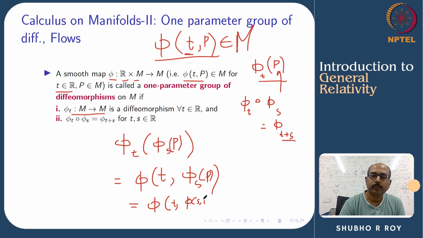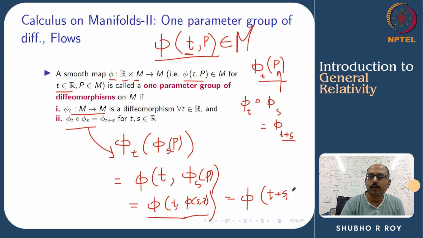Okay, so in terms of the function, this is what this composition actually means. Now you have to show that, if the condition holds, this is the same as phi t plus s starting from p.